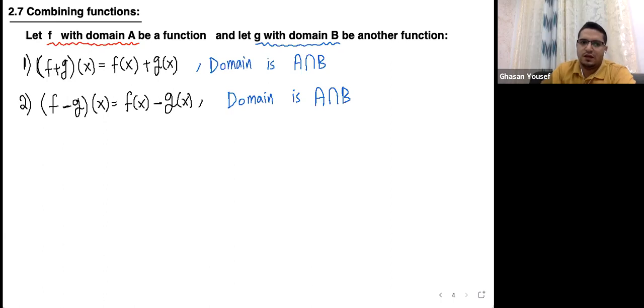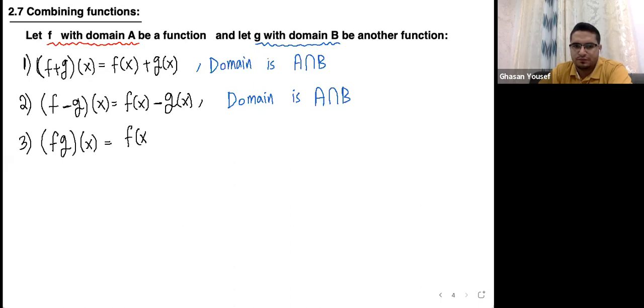Okay? The third rule is the product. So the product of the functions f times g, if we multiply both of the functions, (f times g)(x) is going to equal f of x times the second function g of x.